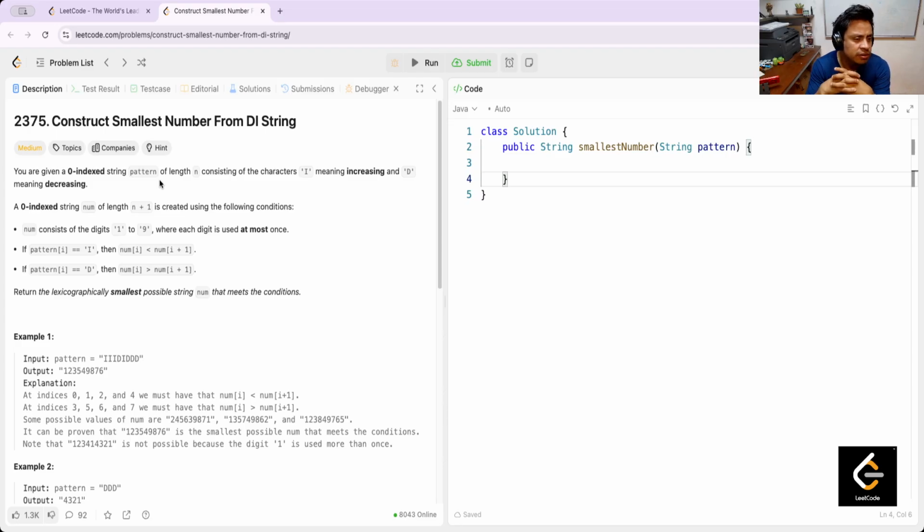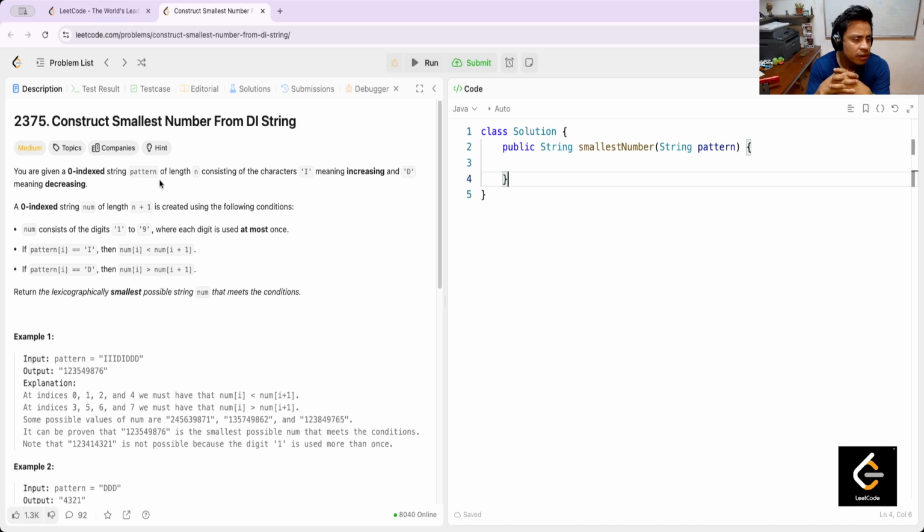You are given a zero-indexed string pattern that consists of the characters I, meaning increasing, and D, meaning decreasing. Create a zero-indexed string nums of length n plus 1 using the following conditions. Nums consists of the digits 1 to 9, where each digit is used at most once.